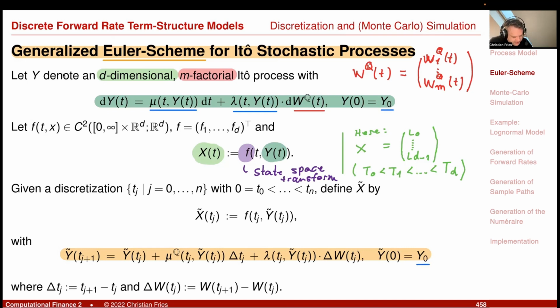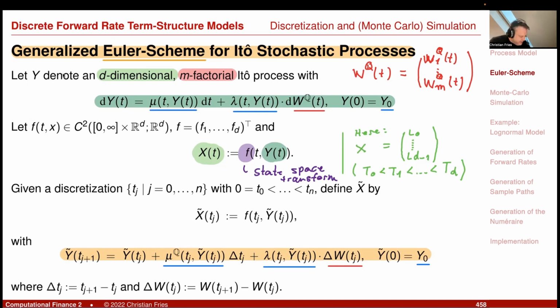So the Euler scheme starts, of course, in the same initial value. The initial value of y is the inverse transformation applied to the initial value of x. And then I use the coefficients, the drift, and the factor loadings to generate, using my Brownian increments, the time discrete approximations of y.